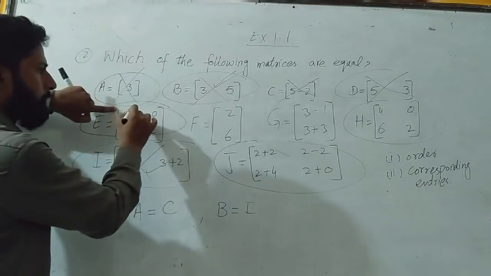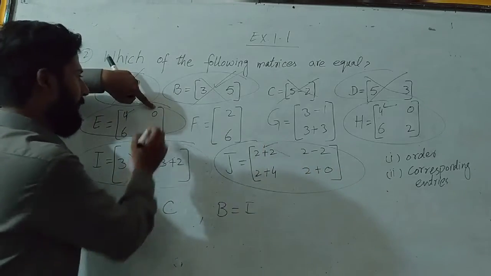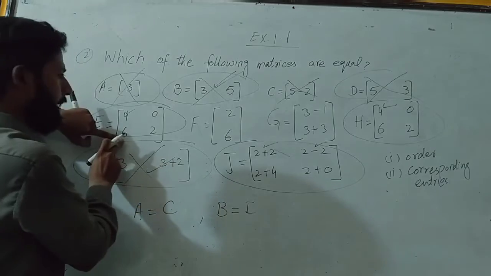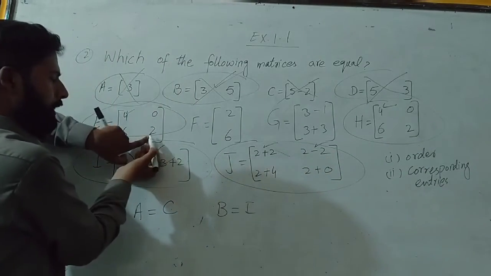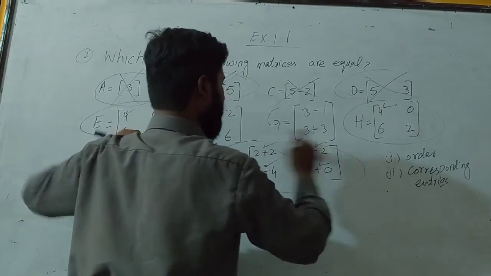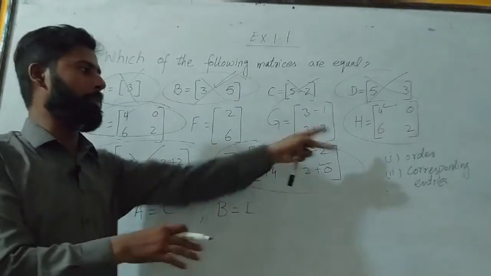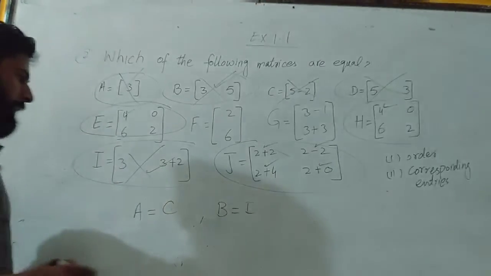The first entry 4, 2 plus 2, 4. The second is 0, 2 minus 2, 0. The third is 6, 2 plus 4, 6. The fourth entry 2 plus 0, 2. It means that these three matrices are fulfilling both requirements. Their order is equal and their corresponding entries are same.